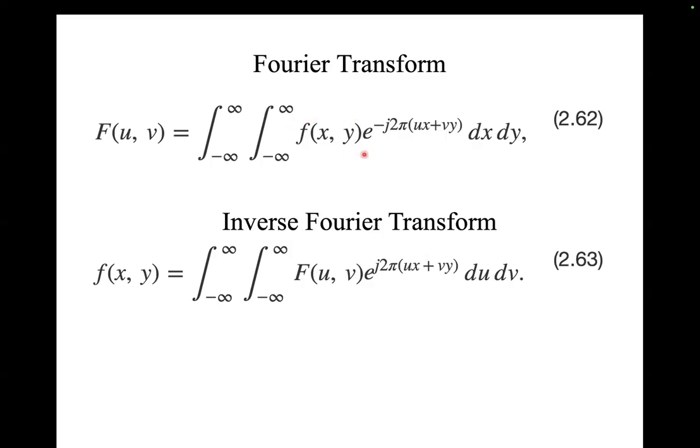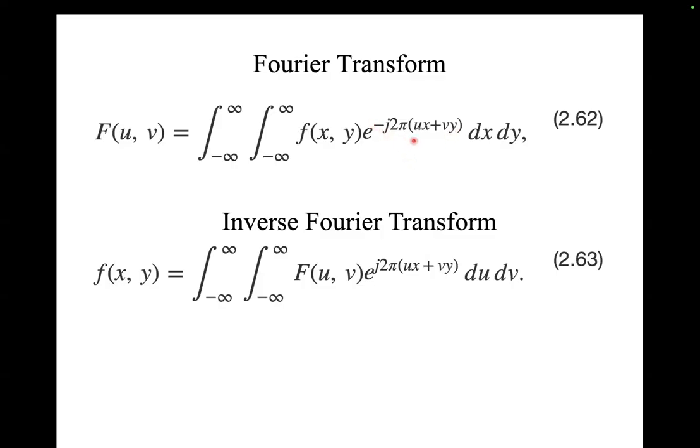The way to do that is through this formula. You multiply your function by this essentially phasor. This is a complex number that has unit magnitude, but it has a phase shift that changes as a function of x and y in the plane.